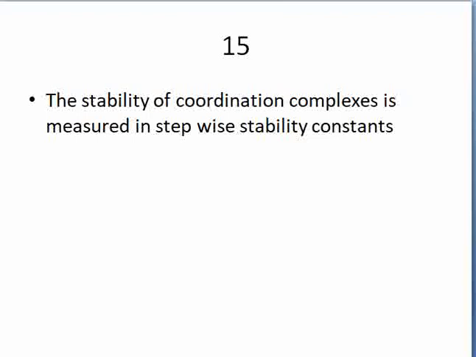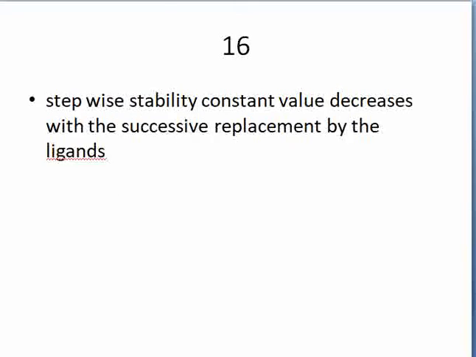The stability of coordination complexes is measured in stepwise stability constants. This is based on the Bjerrum method. There are two methods. One of the methods is the Bjerrum method, with the stepwise formation constant. If we multiply all the stepwise formation constants, we will get the stability constant of the particular complex.